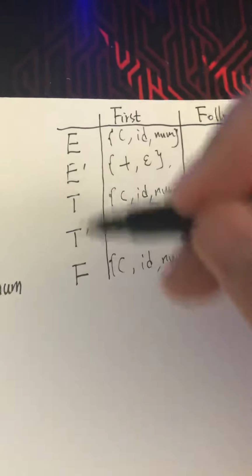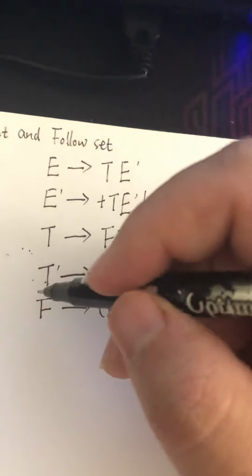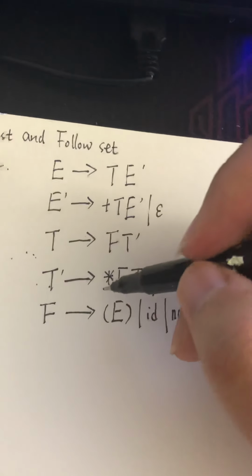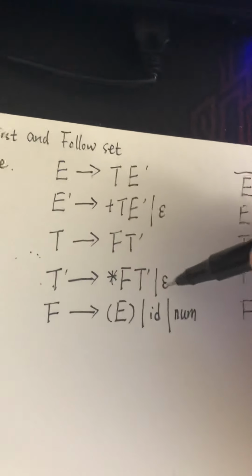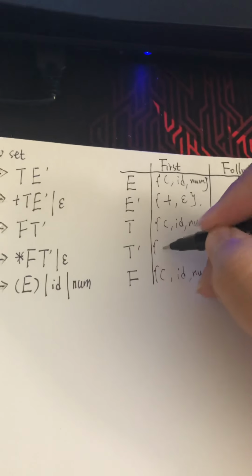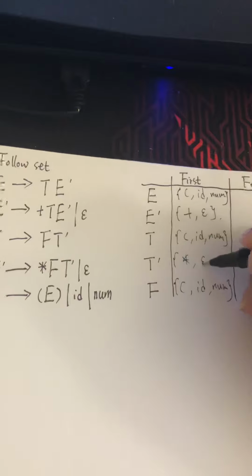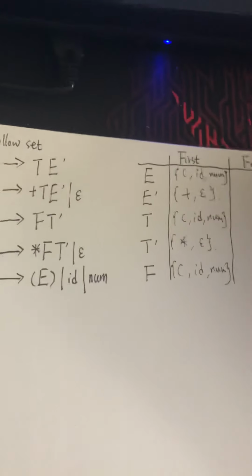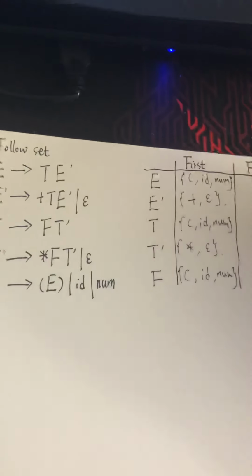Now we just need to find the first of T prime. What is the first of T prime? It is star sign or epsilon. So we just add a star sign and epsilon here. So now we have finished all the non-terminals' first sets.